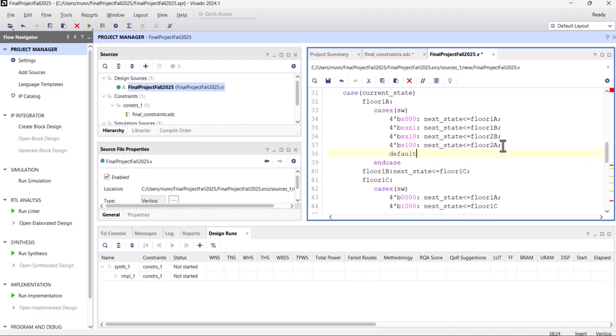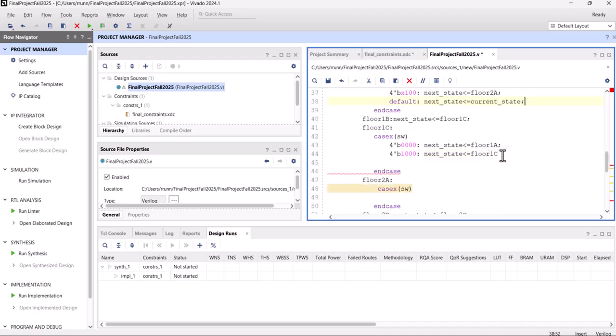You want to make sure that you've accounted for all 16 states, but you need to put it in here. And you can make it be whatever you want it to be. But do make sure you put one in for each one of these.